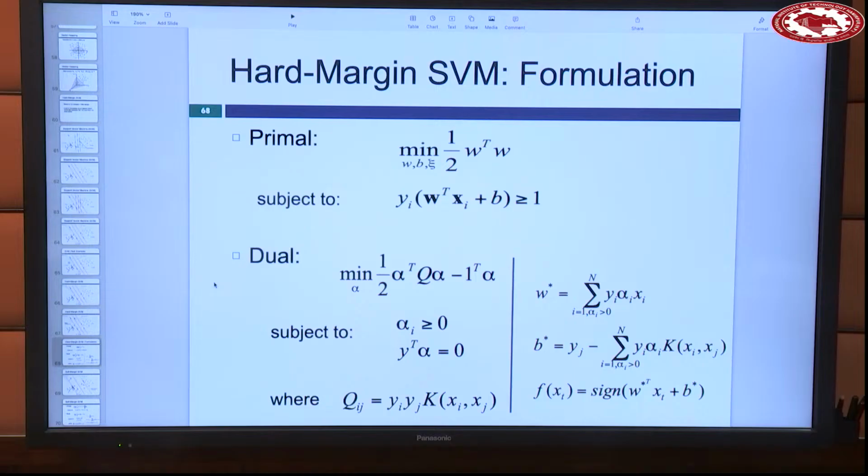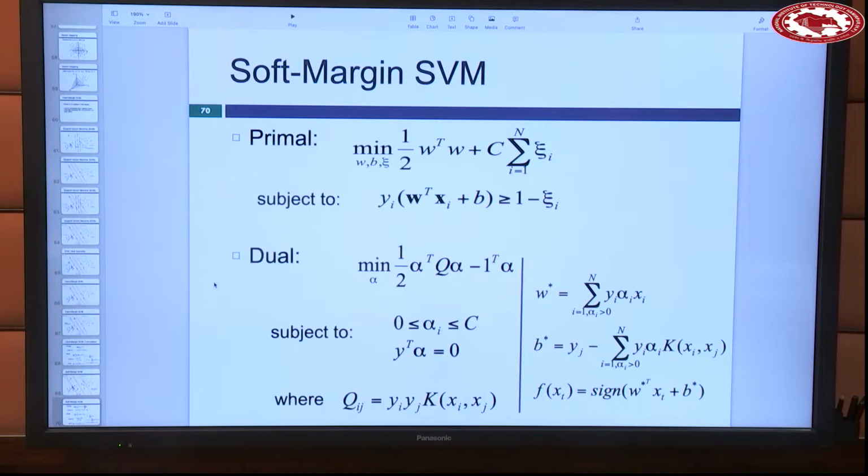Other constraints are the same, but when you go to the soft margin, C is the control parameter, you can see here, that basically controls how many samples you allow inside the margin, right. If C is high, you can call it the cost, by the way, it will penalize many samples.